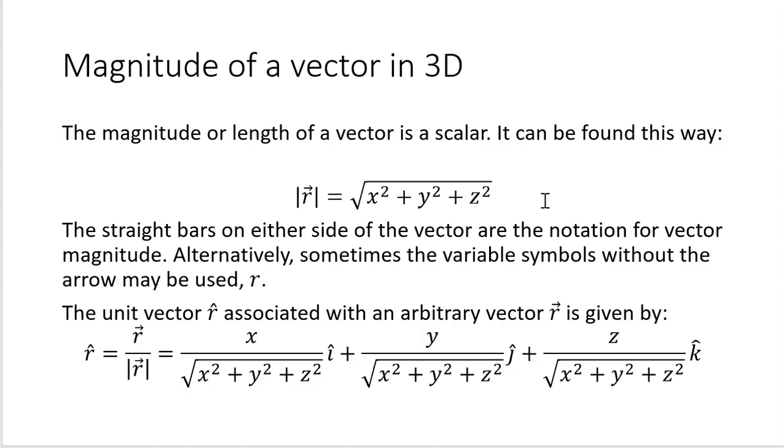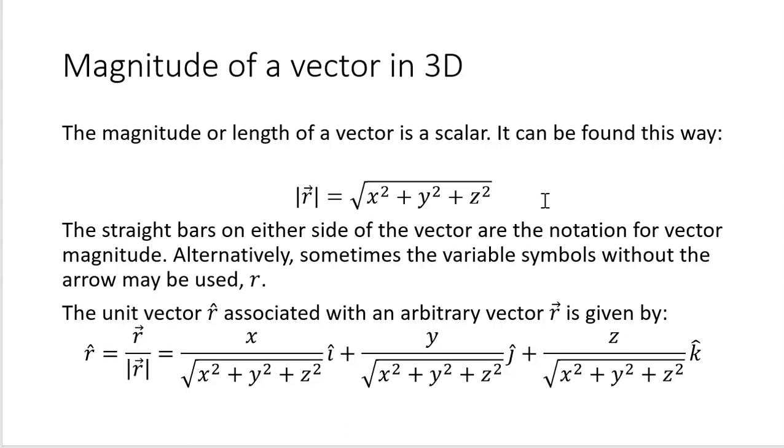Now, you can find a unit vector for any arbitrary vector. It doesn't have to just be i hat, j hat, and k hat. So for example, you could say I have a vector of length 1 pointing along this arbitrary direction, okay? If you wanted to do that, the way to find your unit vector, I'm going to call it r hat here, would be to take the vector itself, r, and then divide it by the magnitude, okay?